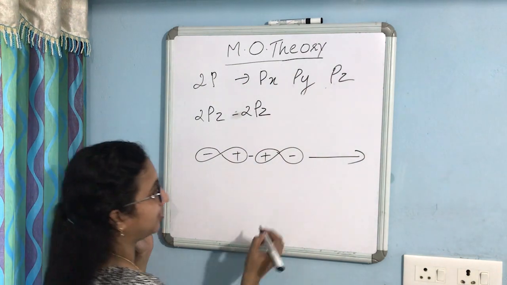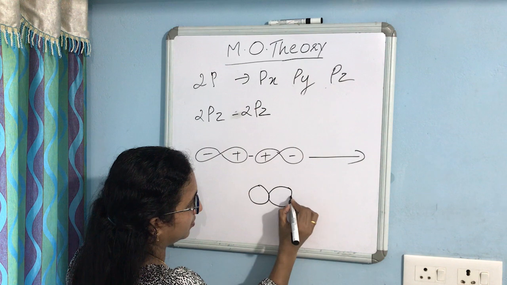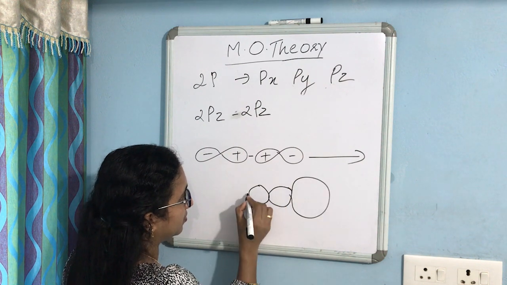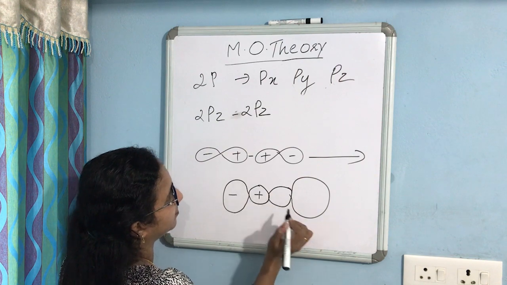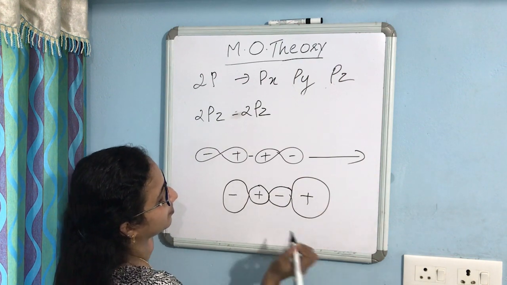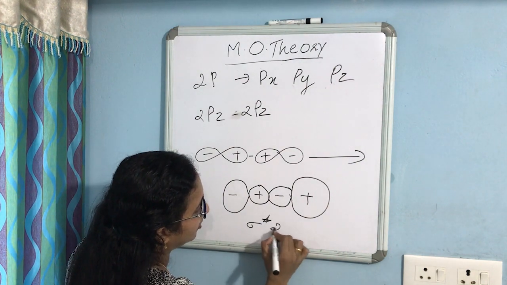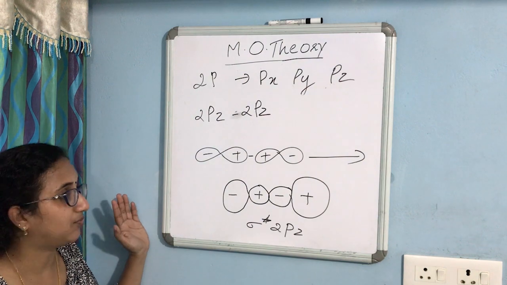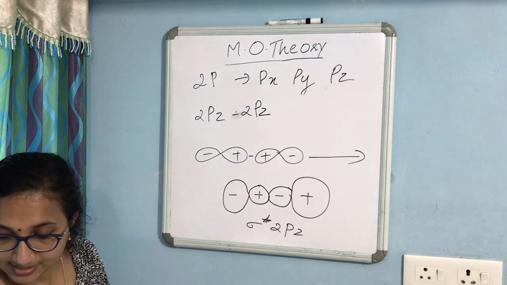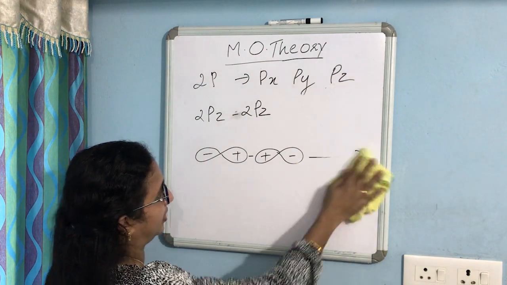Combination by subtraction gives the anti-bonding molecular orbital, which is labeled as sigma star 2pz. So 2 molecular orbitals are formed, sigma 2pz and sigma star 2pz, formed by the head-to-head interaction.